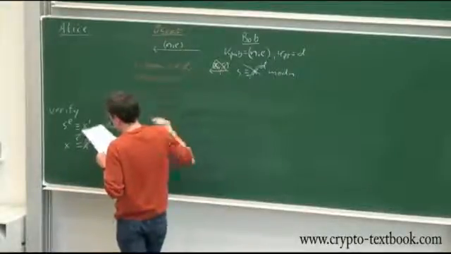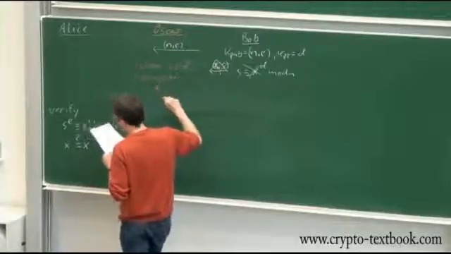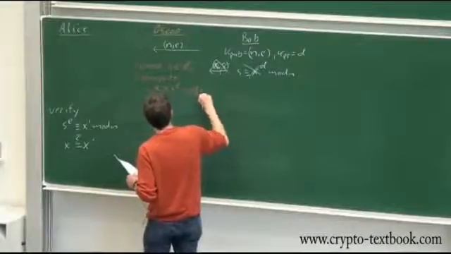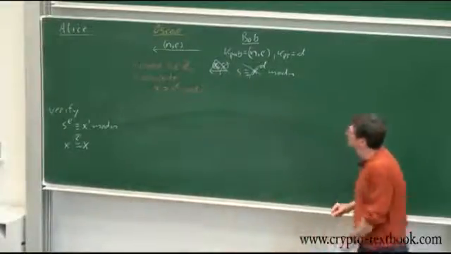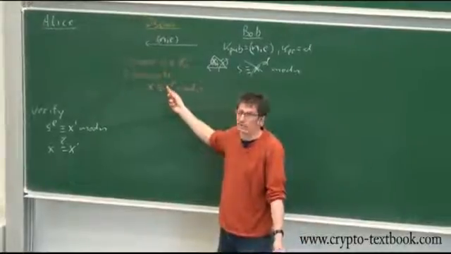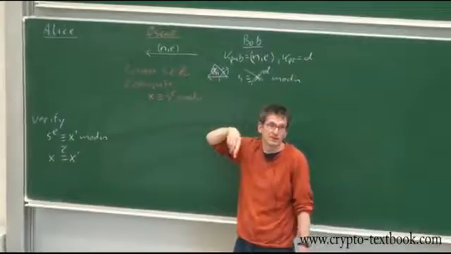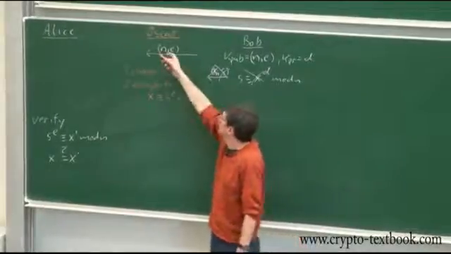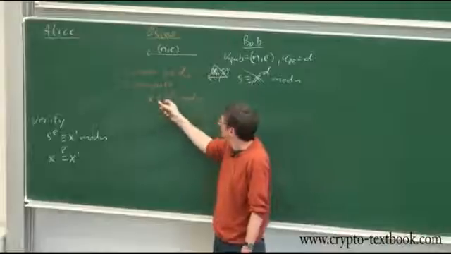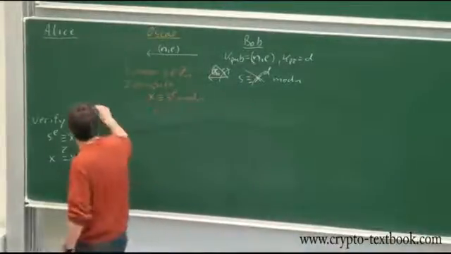And secondly, Oscar computes x is equal to S to the E. Does Oscar know E? Of course, it's a public key, right? This is in reality Bob's website. So this is no big deal. He takes E, he takes N, which is on Bob's website anyway, and the S he just chose, and then he computes X.